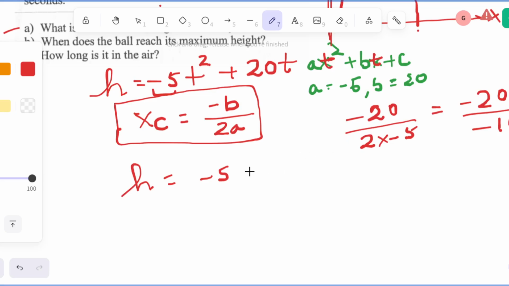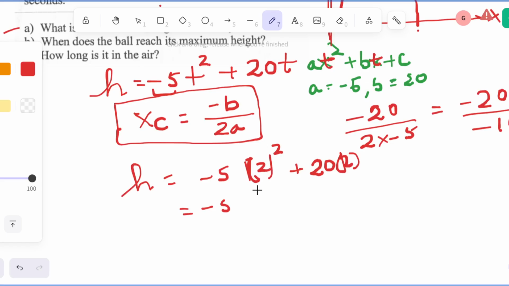Now put the t value, which is 2. Yes, it's a little laggy. Okay, so t squared, and plus 20 times 2. You're just putting the value here. And this will be coming out to be minus 5.